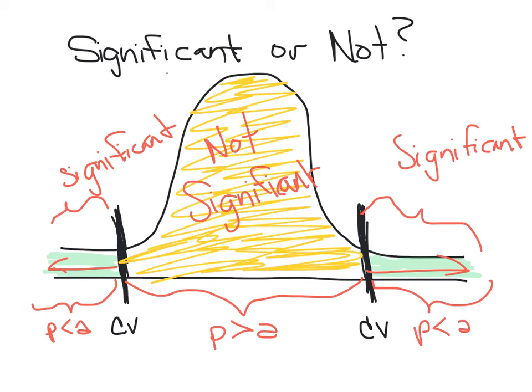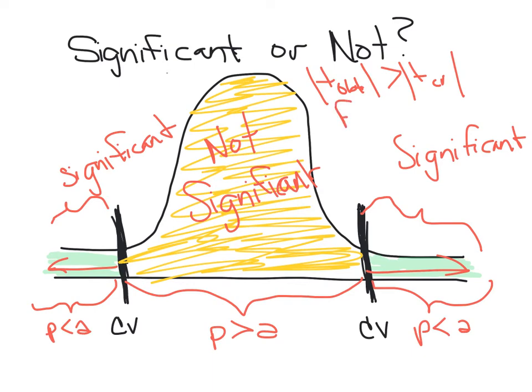No matter what, this is how we tell whether it's significant or not. So ultimately, if we're using a t, our t obtained, and I'm going to say the absolute value, is greater than our t critical value to be significant.